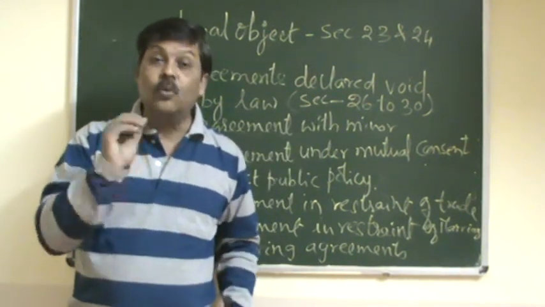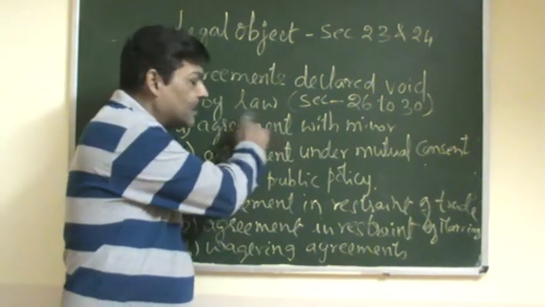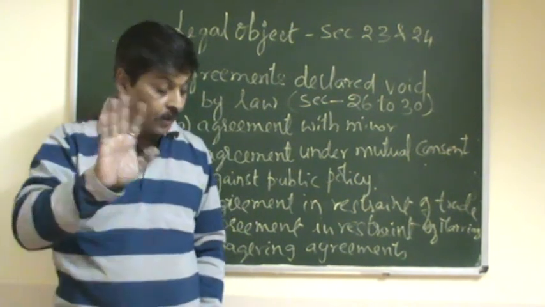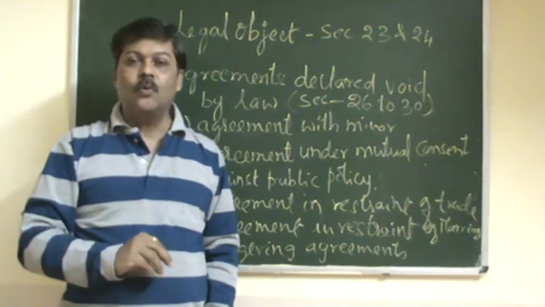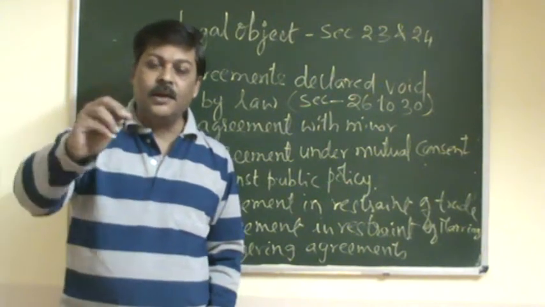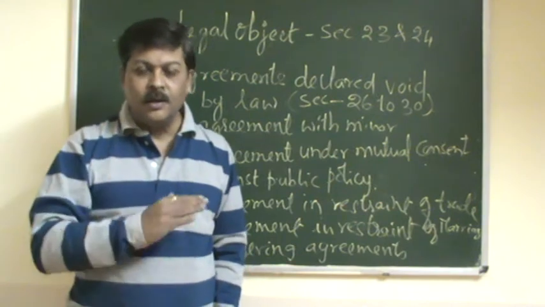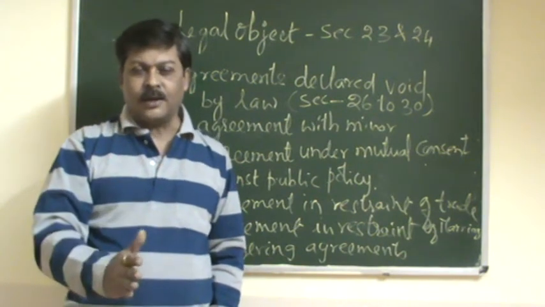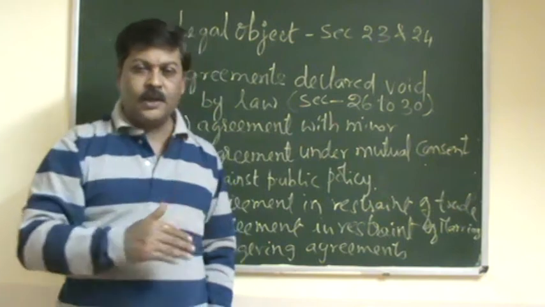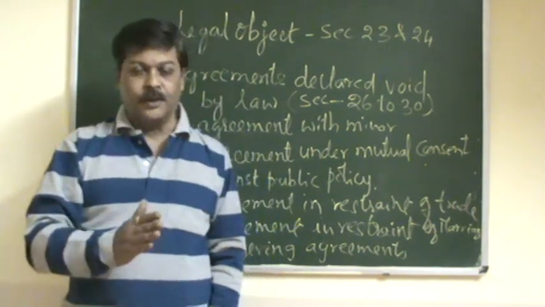Expressly declared void. Who has declared it? The law itself has declared it void. No other person has declared it. It is the law which has declared it void. So then what we say is that the law has changed it and we should accept the law there. Because when we are living in a society, we have to abide by the law.